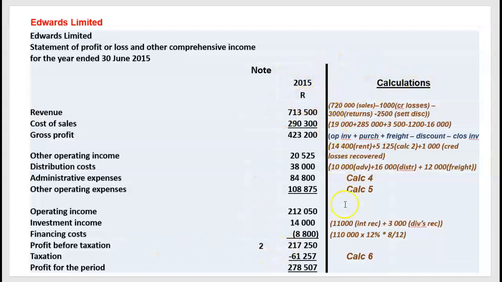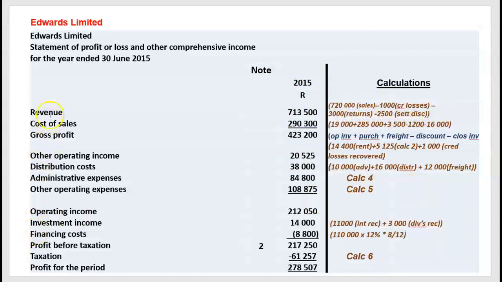Now, you see that I've drawn a very big line on this side here, and I've done the calculations on that side of the line. The reason for that is I'm not allowed to show any calculations on the face of my statement. And now you can see that the statement is on this side and the calculations do not form part of the statement, but clearly I can do all my calculations there, and I can see exactly how we derived the figures.